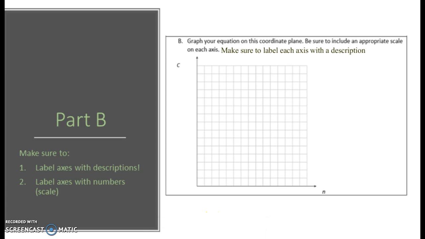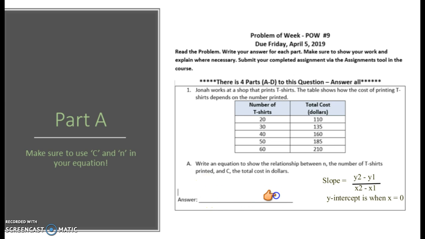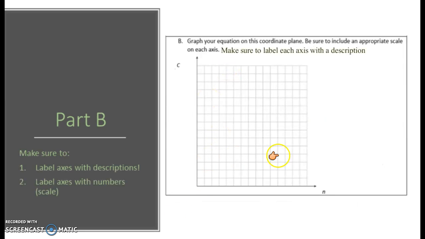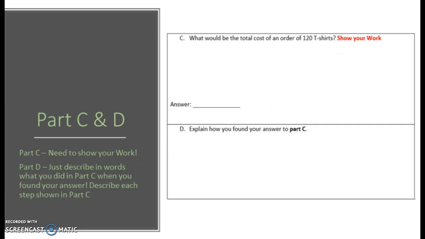When you go to graph it, you can graph it using your equation, or you can graph it using these points. If you graph it using these points, that might actually help you go back and make sure that your equation was written correctly. So label the axes with descriptions, and also label the axes with numbers, the scale that you're using.